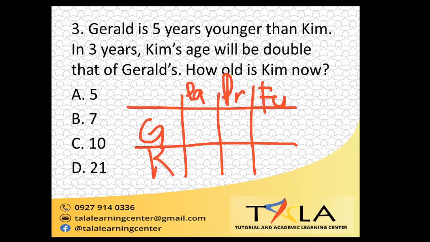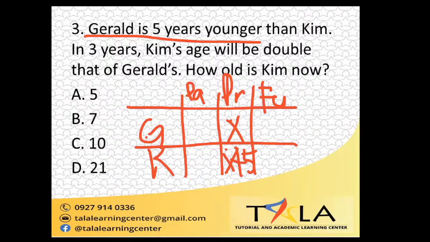Sabi, Gerald is 5 years younger. So, sinong mas bata? Si Gerald. So, kung si Gerald, presently, X yung age niya, ano naman ang edad ni Kim? X plus 5. Pwede bang baliktad? Pwede bang yung Gerald gawin kong X minus 5 and then yung Kim gawin kong X? Pwede din naman. Pero ako kasi mas gusto ko yung mga plus lang.